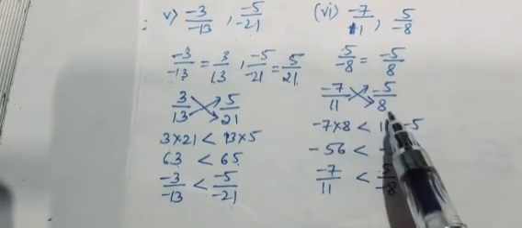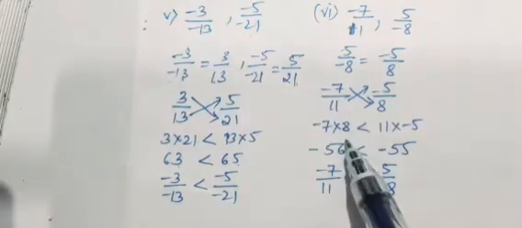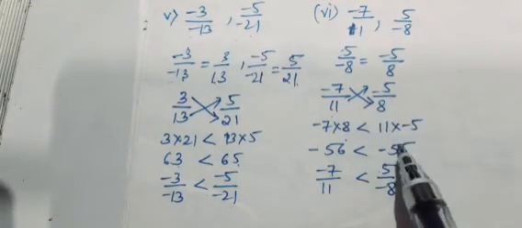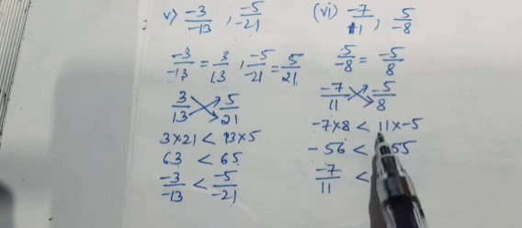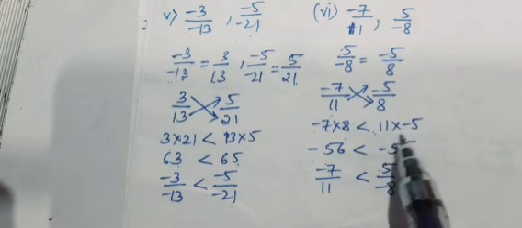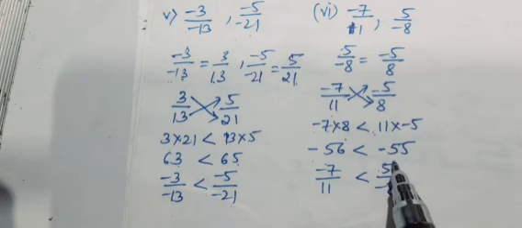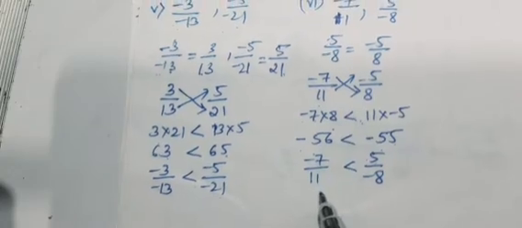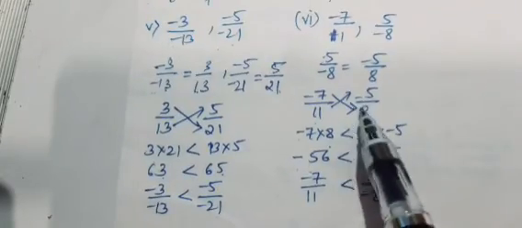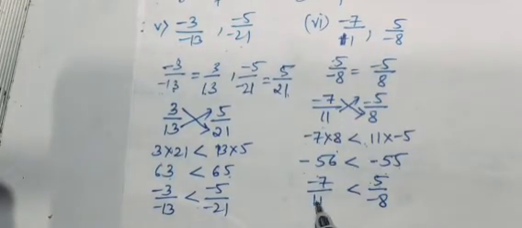Now cross multiply, children. Minus 7 into 8 and 11 into minus 5. Minus into plus is minus, 7 8s are 56. Minus into plus is minus, 11 5s are 55. Here minus 55 is greater. Therefore, we compare the two rational numbers: minus 7 by 11 is less than 5 by minus 8.